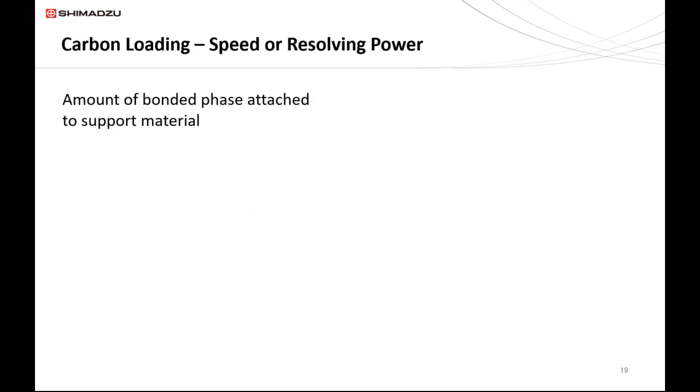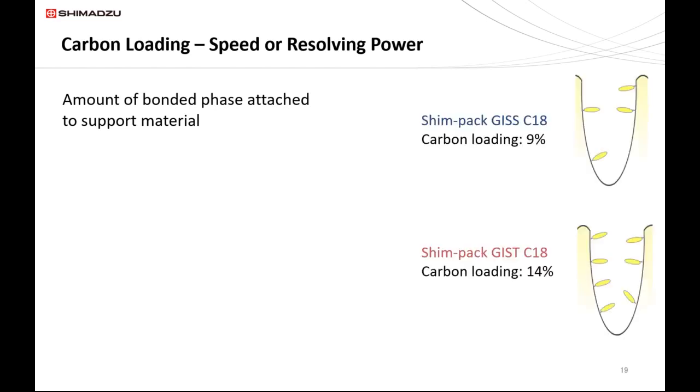Carbon loading is one of the parameters that is often neglected. Carbon loading is defined as the amount of bonded phases attached to the support material. For example, in a C18 column, a lower carbon loading would mean that there is fewer C18 groups attached. So what is the consequence?